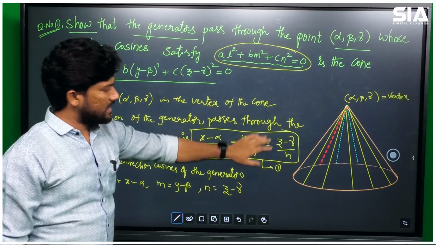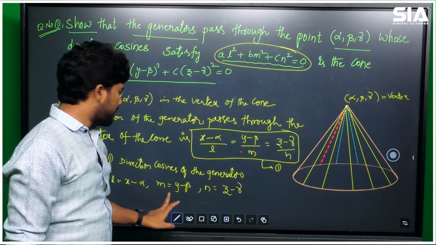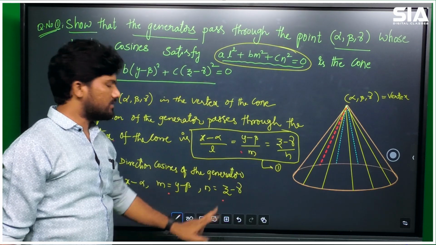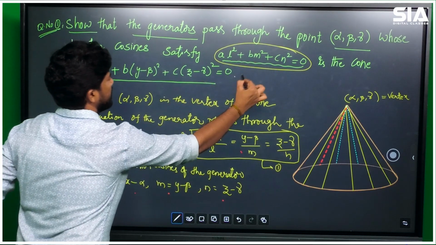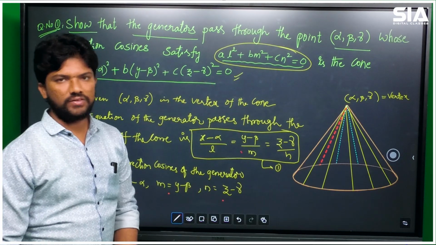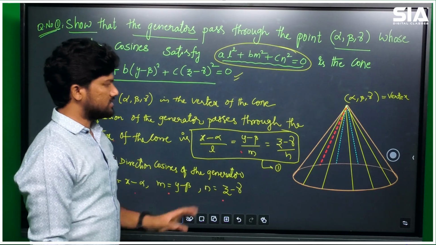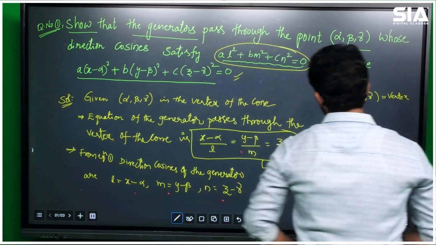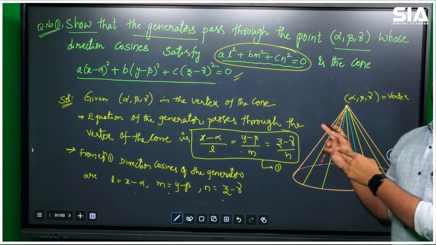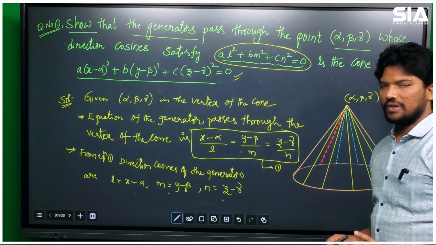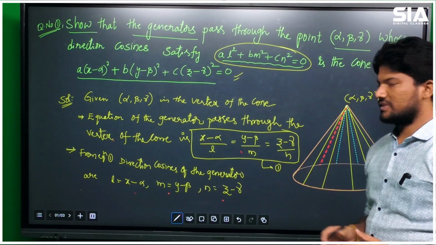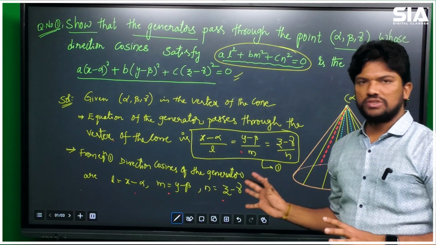Now from the generator equation, after deriving the direction cosines values, substitute them in the given condition, then we will get the required equation of the cone. So this is the total problem. Be careful: for these types of problems, diagrams are very important. You have to draw in this format. So this is the total explanation of this problem. I hope you understood this problem very well.